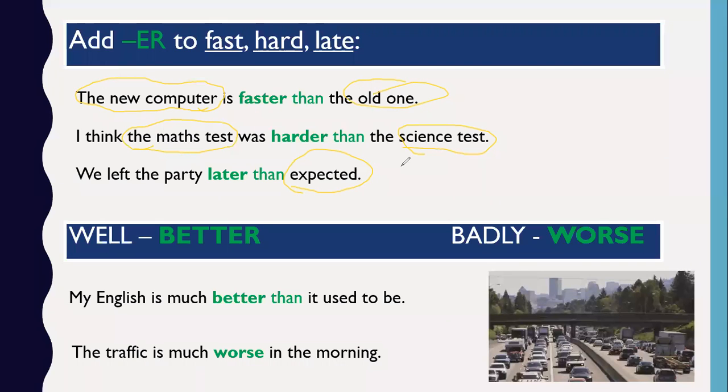Next, for well and better: my English is much better than it used to be. It used to be, maksudnya adalah past. Masa lalu. The traffic is much worse in the morning. So he might say this one in the afternoon. This is the use of adverb with er and then better and worse.